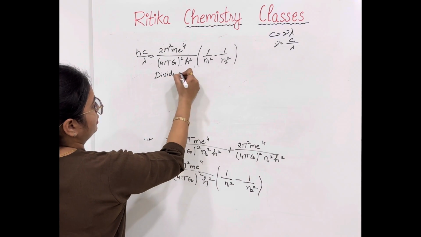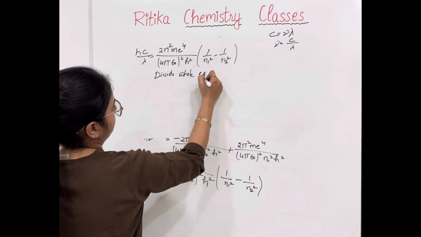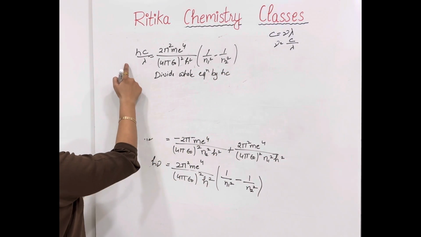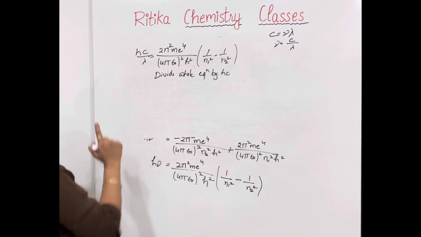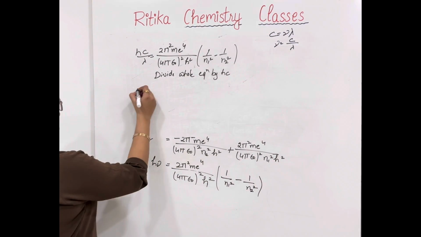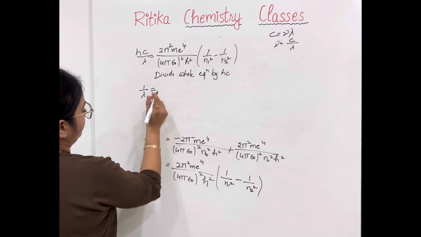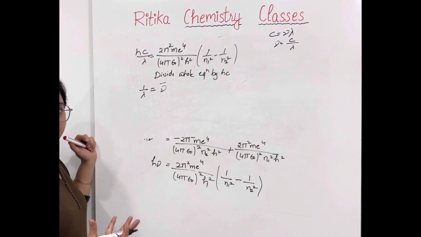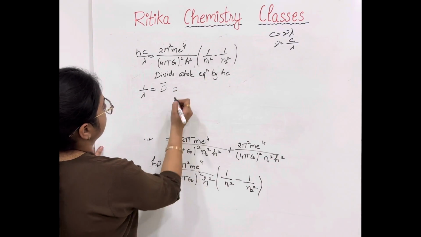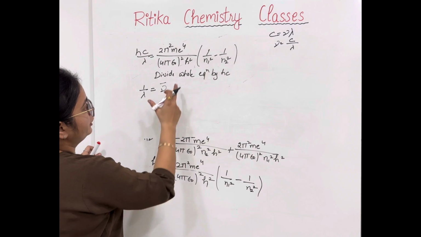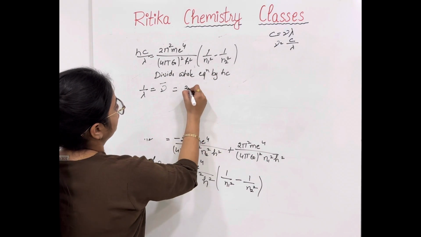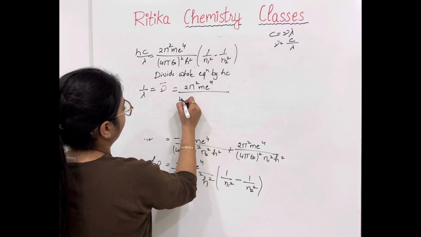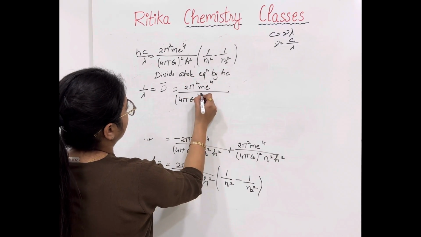Divide the whole equation by hc. If we divide the left hand side by hc, then numerator and denominator get cancelled out, and we will get only 1 by lambda. And 1 by lambda is represented by nu bar, which is known as wave number. And this is equal to, now we also have to divide the right hand side by hc. So we will get 2 pi square m e to the power 4 divided by 4 pi epsilon naught whole square.